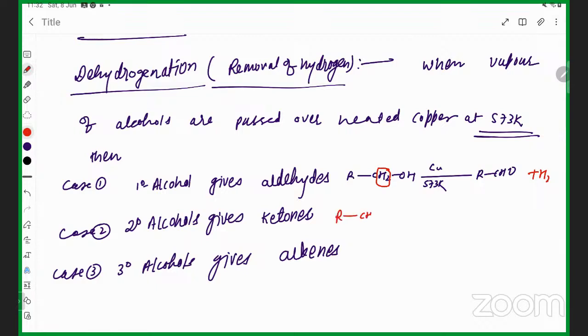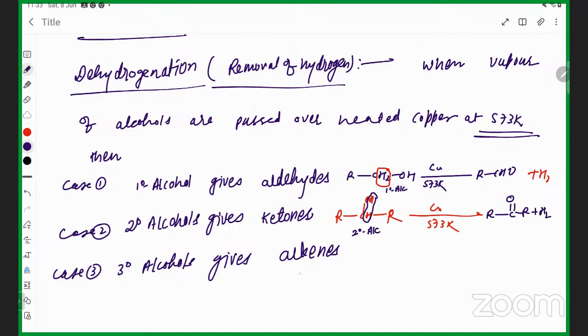Second one, RCH with OH, suppose you are taking R only. Copper is there, 573 Kelvin. Here the hydrogen has to be out. This is 2-degree alcohol, and that was 1-degree alcohol. So it will be R, C double bond O, R plus hydrogen gas.